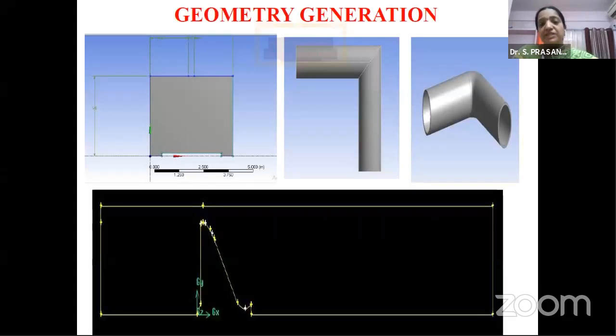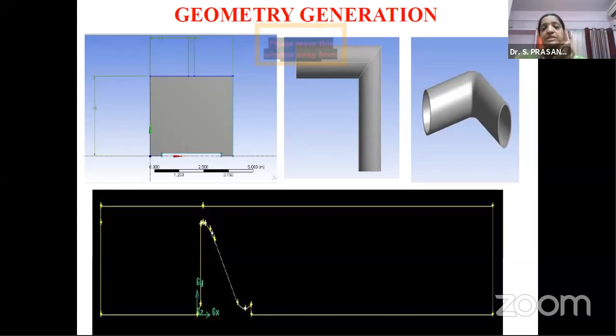Now let me detail each one. Pre-processing, as I told you, is where you create the geometries. Geometry can be created in three different ways. One is that you can use your normal AutoCAD drawing, convert it into a JPG file. 3D modeling or 2D modeling are both possible in ANSYS.